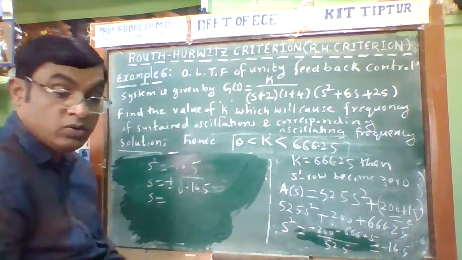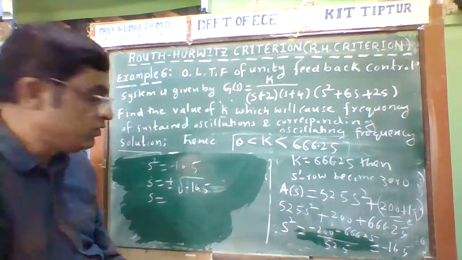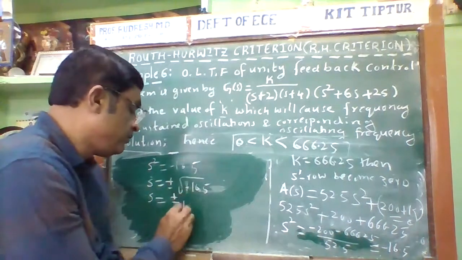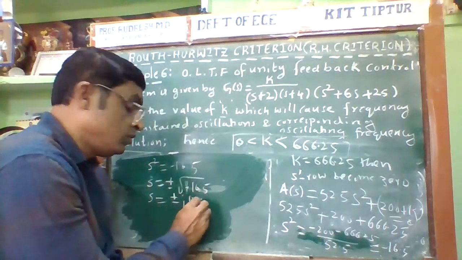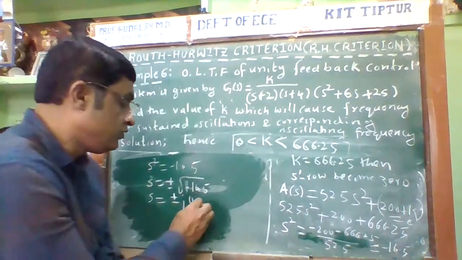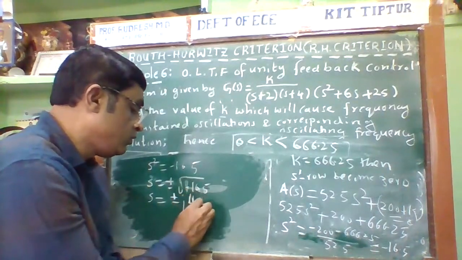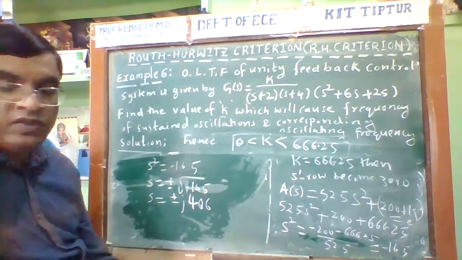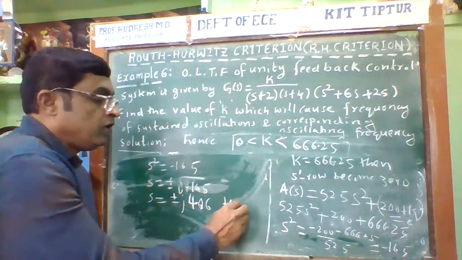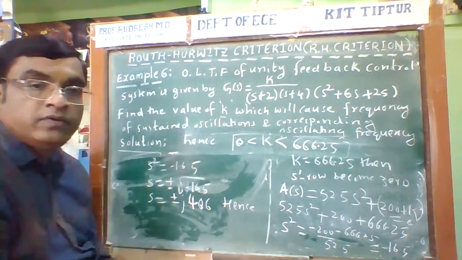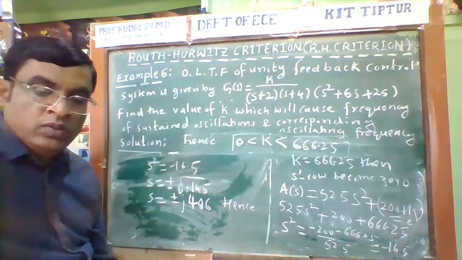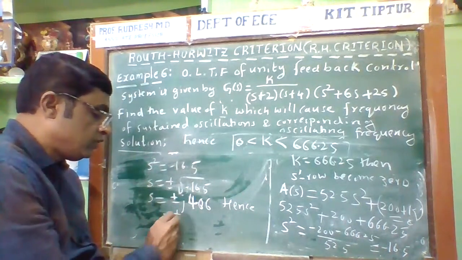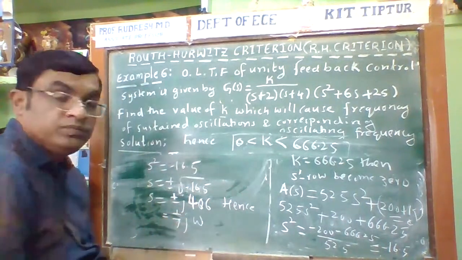Therefore, S is equal to plus or minus j 4.06. Now this is equal to plus or minus j omega.